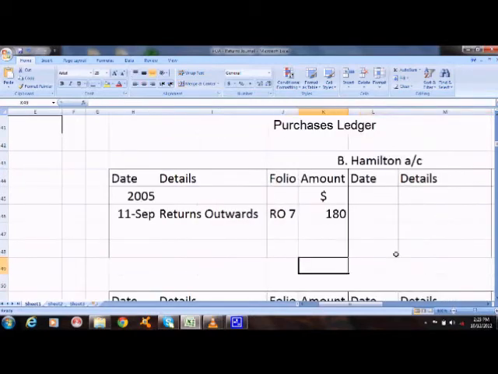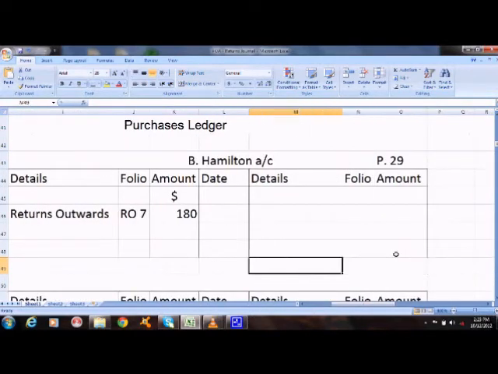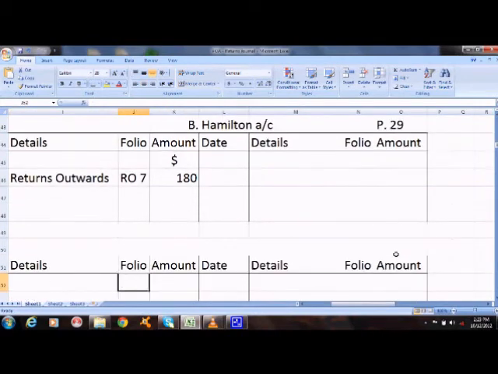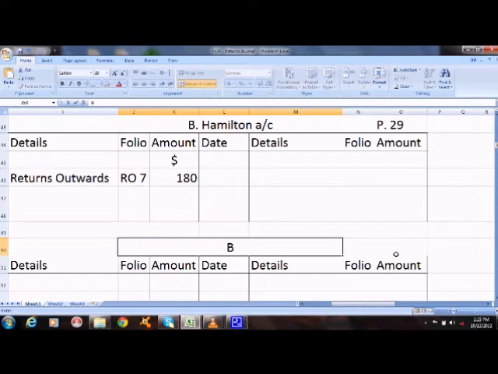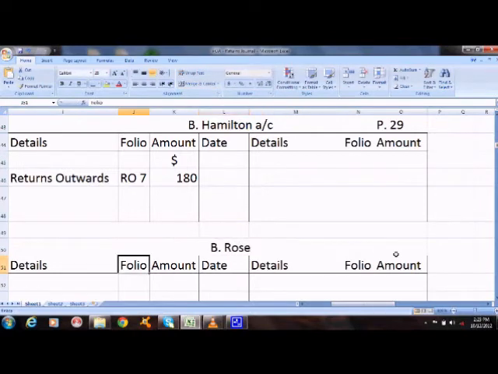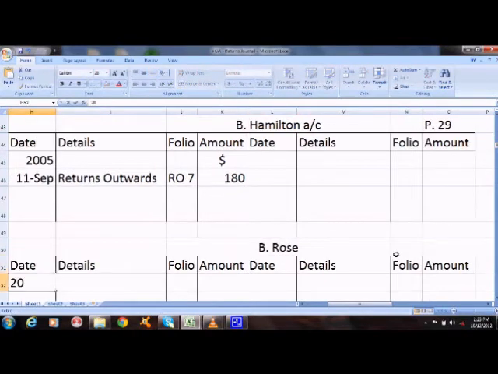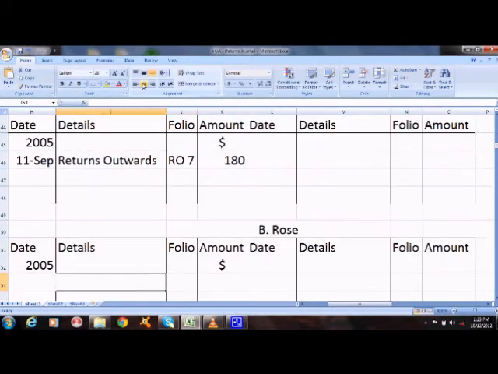The next person is who? Mr. B Rose, September 16. So we'll do the same thing that we did for B Hamilton. B Rose, the date is 2005, and the amount column as well. September 16, returns outwards.